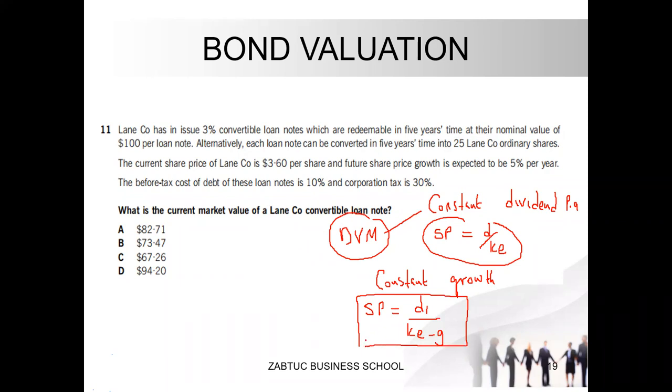Dividend after 1 year divided by cost of equity minus the growth rate. So if you are going to use the cash flow methods, you can use the dividend growth model, where dividend is constant or is growing at a constant rate.